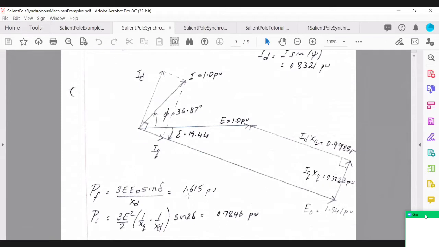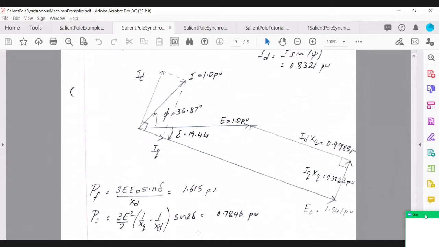And the second part of the equation is for the salient part. So it's E squared over 2 times 1 over XQ minus 1 over XD sine 2 delta. So again, you insert all the values and work out the value here for due to saliency. And also again, I've multiplied by 3 there because it's 3-phase.